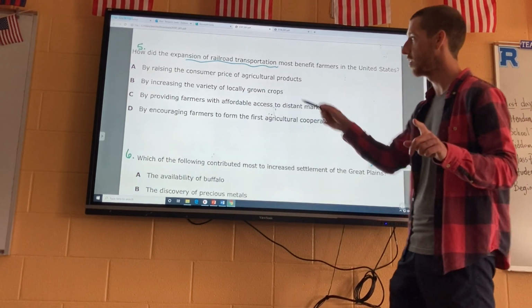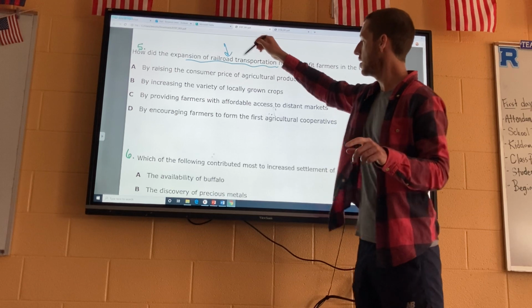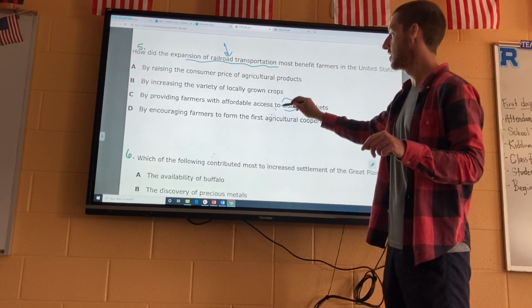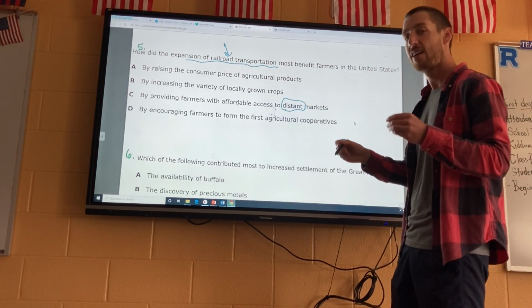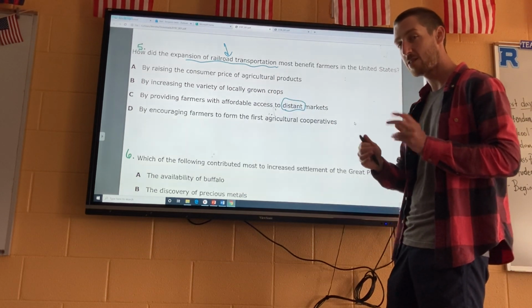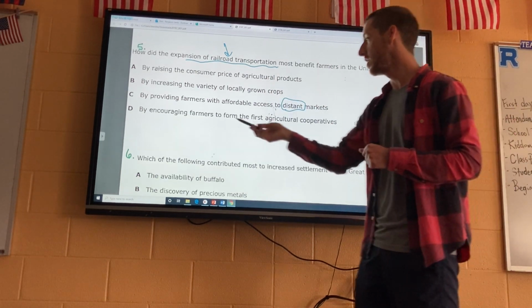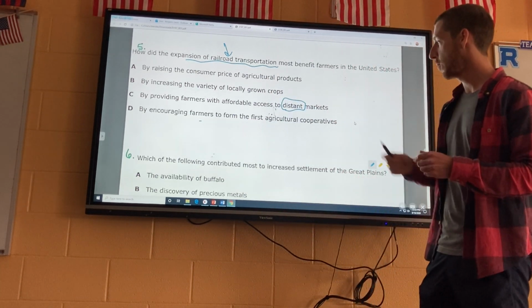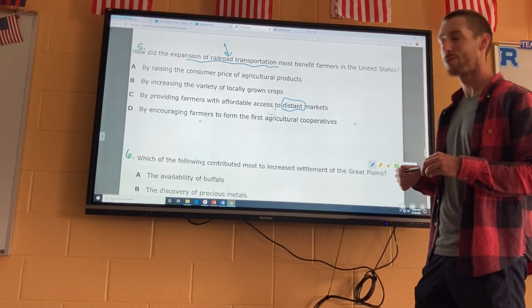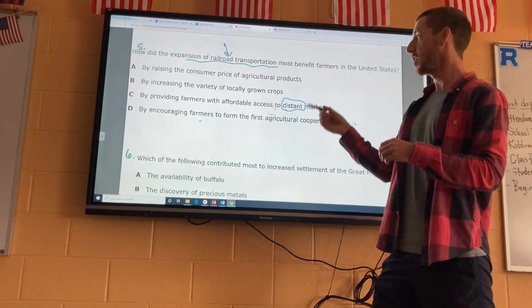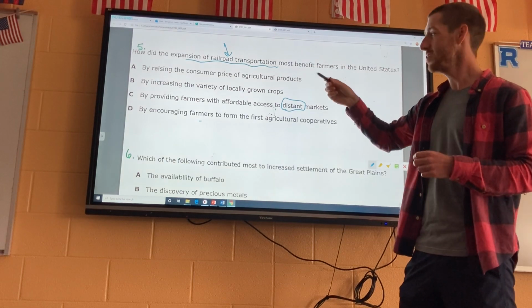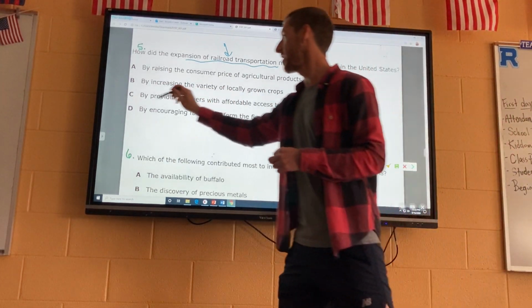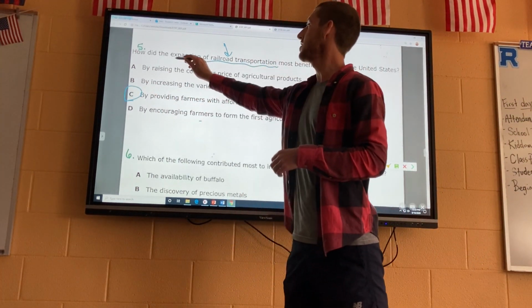There's a key there. Railroad, distant. Things are moving quickly, things can go further, faster. Think about that. Or D, by encouraging farmers to form the first agricultural cooperatives. We didn't talk anything about that, okay? So A and B are decent answers, but C is going to be your best answer because things are moving quicker.